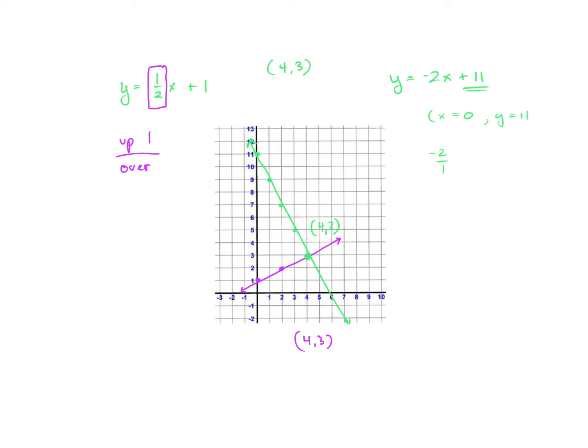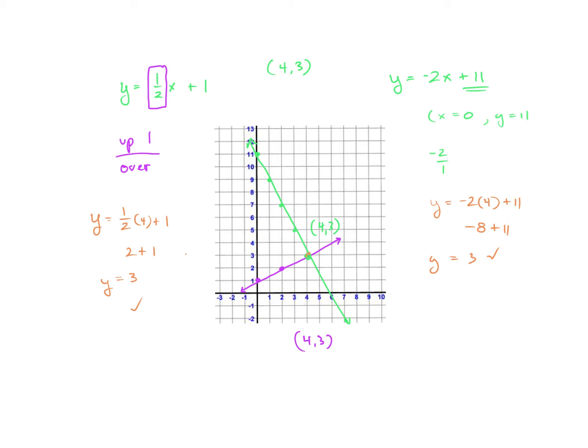We could prove that by showing y equals 1/2 times 4 plus 1, 2 plus 1, that's 3. y equals 3, that works for this function. y is equal to -2 times 4 plus 11, -8 plus 11, I have y equal to 3 again.